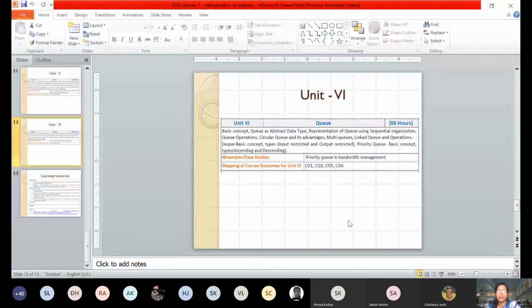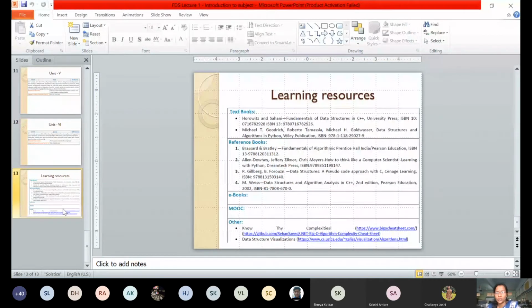The next slide is about the learning resources which we should use for understanding this subject. There are two textbooks mentioned in the syllabus, and there are a few reference books mentioned in the syllabus. But what I feel is, you can use the textbook for reference, but Google is the best resource for learning anything. On Google you will get updated information related to anything.